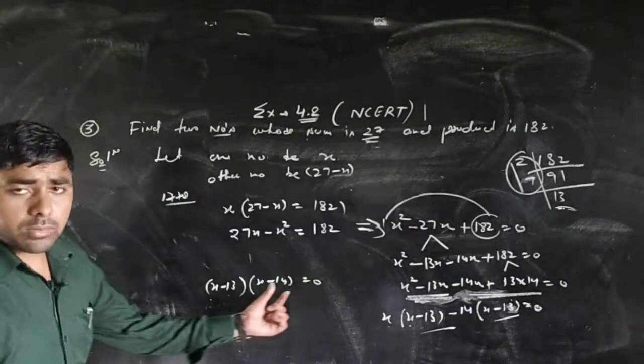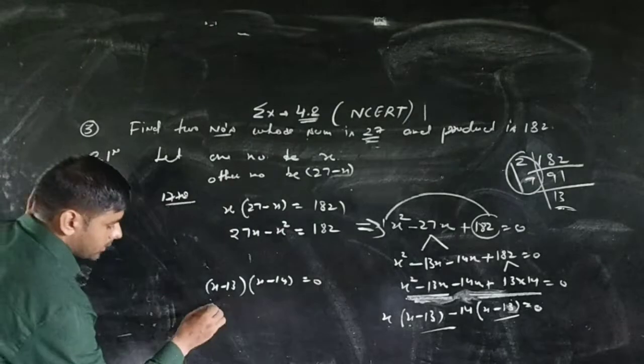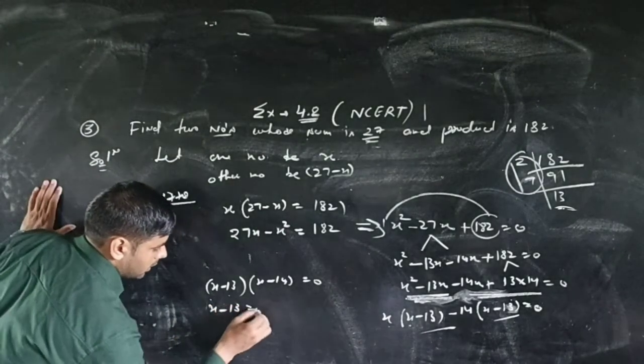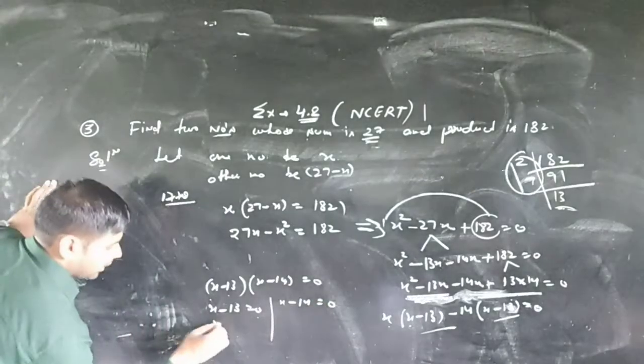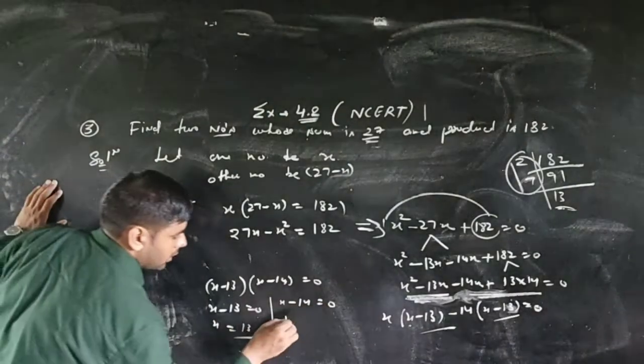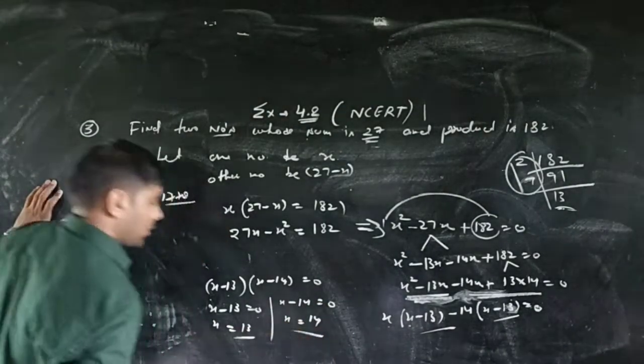The product of two numbers equal to 0 means either x minus 13 equal to 0, or x minus 14 equal to 0. So x equal to 13 and x equal to 14.